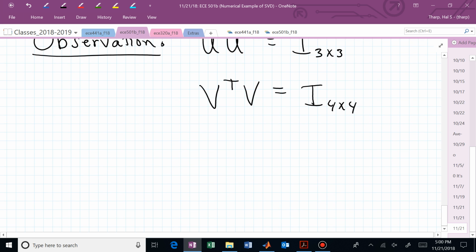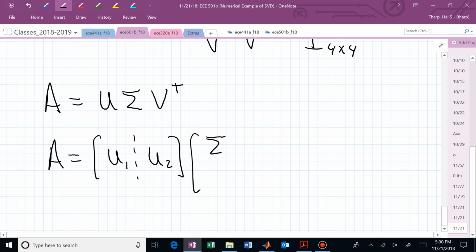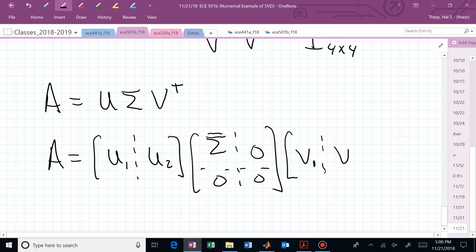So now let's look at what we have when we have A, which is U sigma V transpose, written in this decomposed manner: U1, U2, sigma bar 0, 0, 0, and V1, V2 transpose.